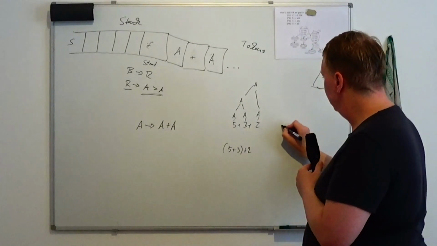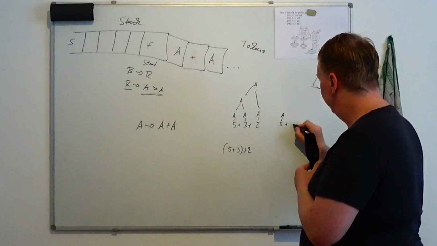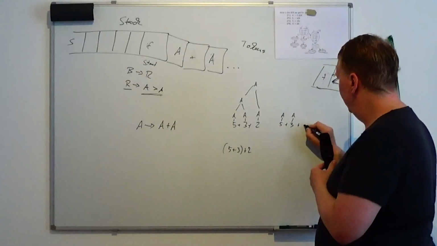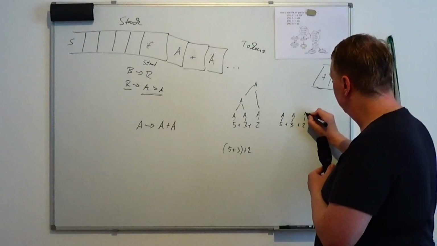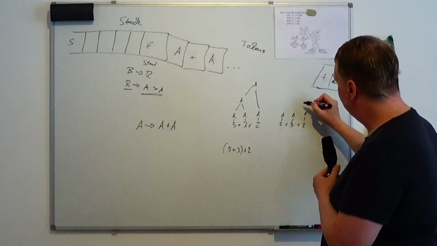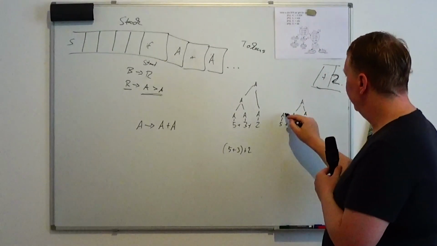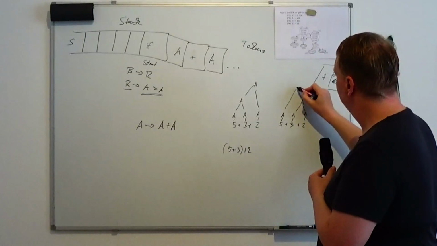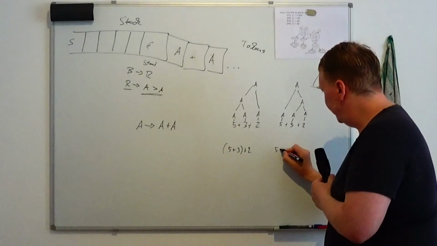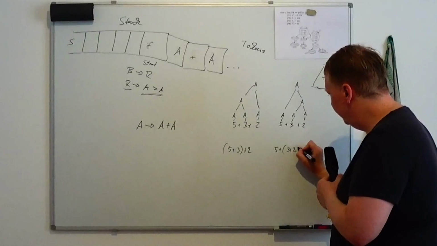But we might as well do something different. We could shift the 5, reduce it to an A. Shift plus, shift 3, reduce it to an A. Shift plus, shift 2, reduce it to an A. And now we have A plus A on the stack, and we can reduce that to an A, and then we have A plus A on the stack, and we can reduce that to an A. This would be the same as calculating 5 plus the result from down here, 3 plus 2.